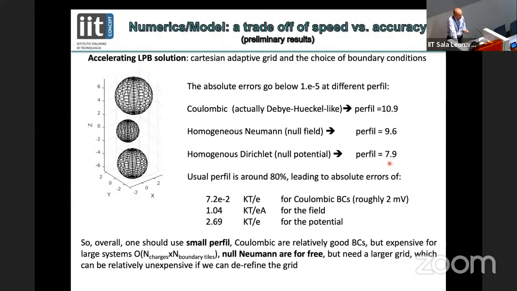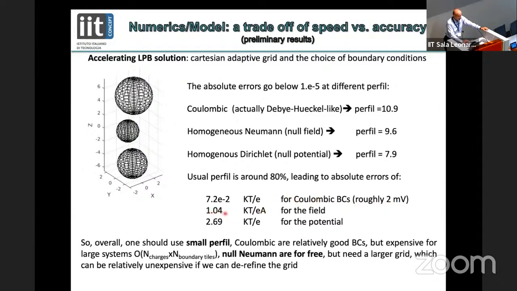And the other way around, since I usually use 80% of filling, how big is the absolute error in the case of these three spheres? These could be atoms, so the charges and radii are very similar to what we use in our proteins. With 8% per fill, I would get roughly 2 millivolts of absolute error in the case of Coulombic.